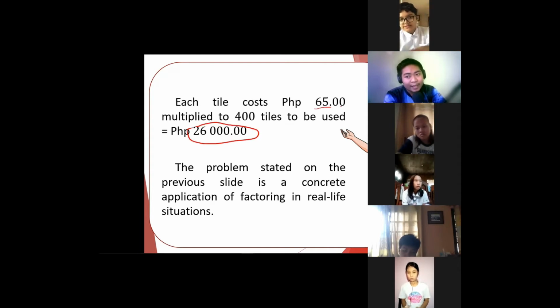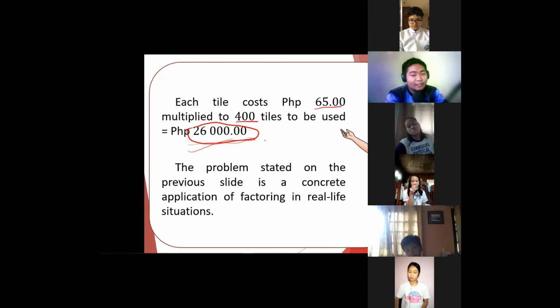So 65 pesos times 400 tiles would be 26,000. So the problem stated on the previous slide is a concrete application of factoring in a real-life situation. If you want to renovate a house and change the floor tiles, that would be factoring.